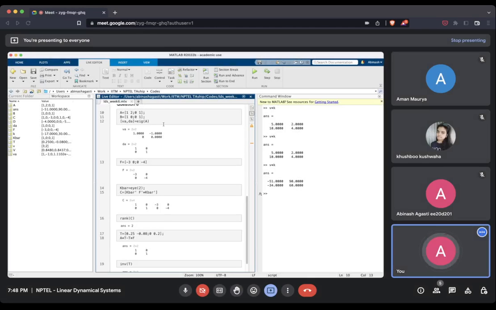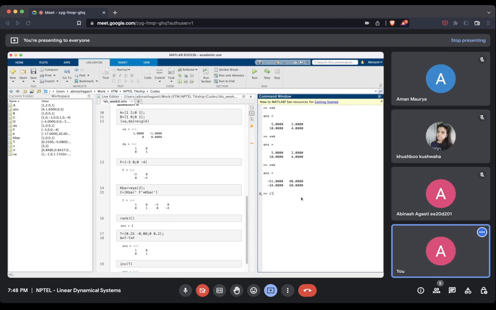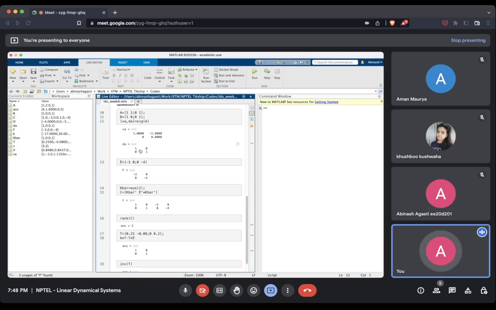So we had the A matrix and B matrix given by these, right? And the eigenvalues of the A matrix are 1 and 1, which we found out.